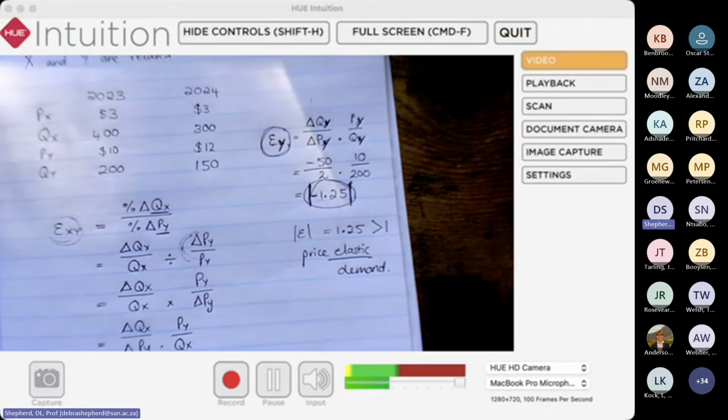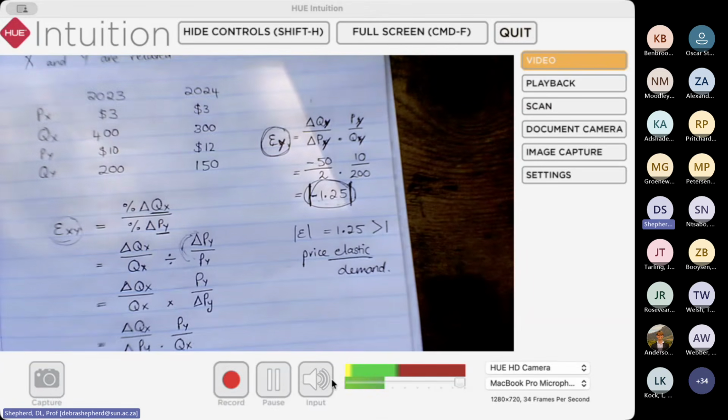Okay, so when the price of this product changes, the response by consumers in terms of how much less they buy because the price is going up will be proportionately larger. So the percentage change in quantity, as a proportion, is greater than the percentage change in the price.